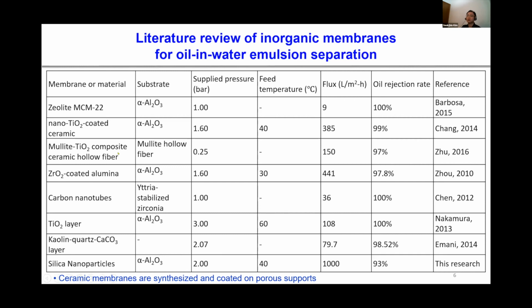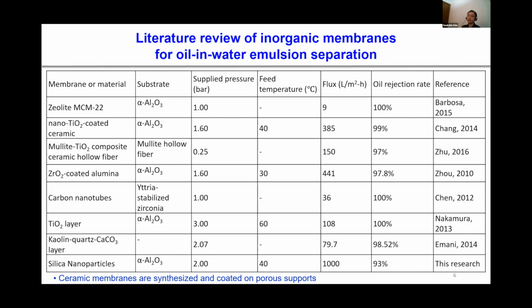For example, the ceramic alumina membrane was synthesized by coating nano TiO2 composite onto the hollow fiber or alumina substrate to make the membrane hydrophilic. Then more water molecules can pass through the membrane while rejecting oil, so it increases membrane flux.